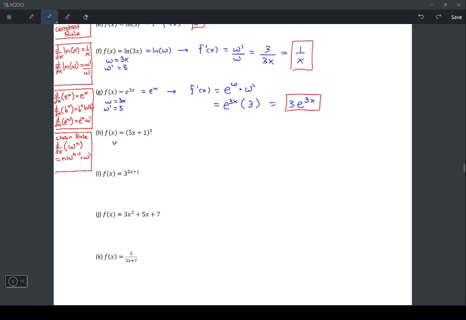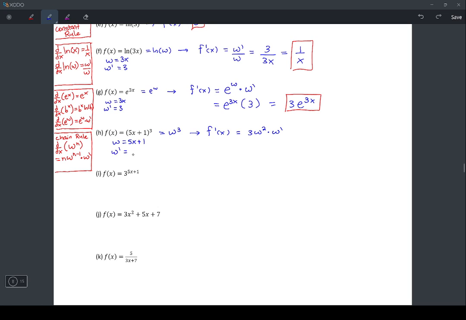So here, w is equal to 5x plus 1. So this expression is w cubed. If we take the derivative, f prime of x, we're going to get 3w squared. So the power comes down, the new power gets lowered by 1. Multiply by w prime.